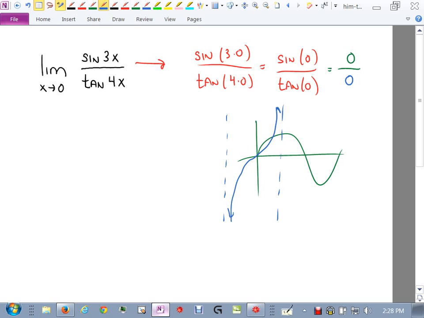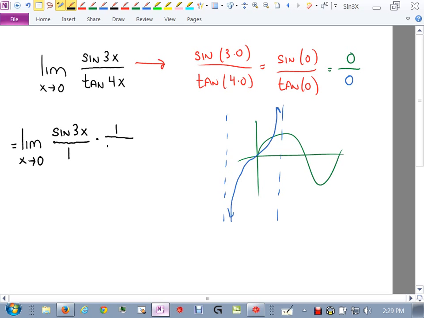You got to do something about it. Tell me if you agree with this. Do you agree with that? All I did was just broke those two fractions apart, right?